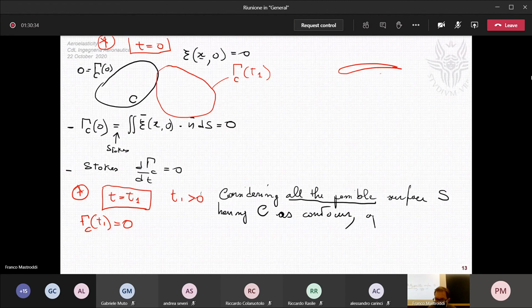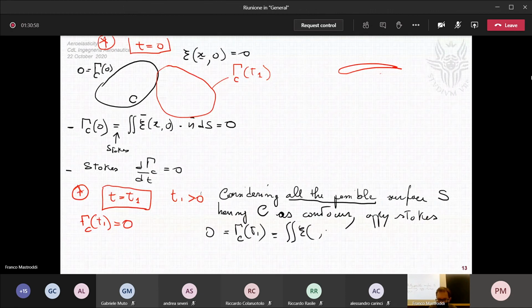You can apply again Stokes theorem, and you have that gamma in T1 of the circuit is again 0 and is equal to the integral of zeta in the time T1 for x on the surface, dot n dS.